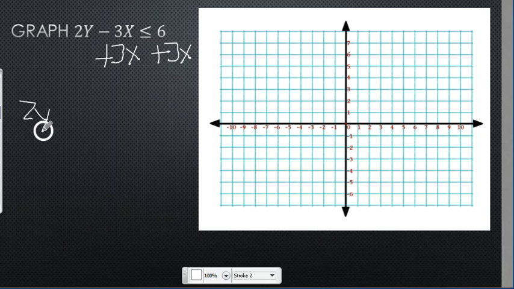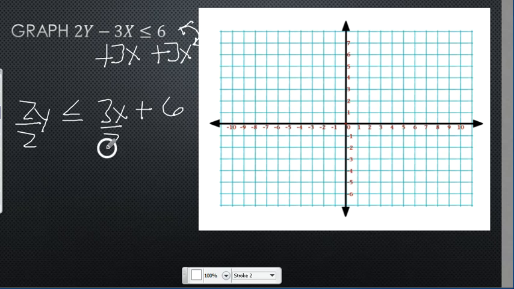So 2 times y is less than or equal to, I'm just going to switch these two around because remember in slope-intercept form we want our x term written first and then our constant. And then from there we would have to divide by 2 on everything. So y is less than or equal to 3 divided by 2x plus 3.